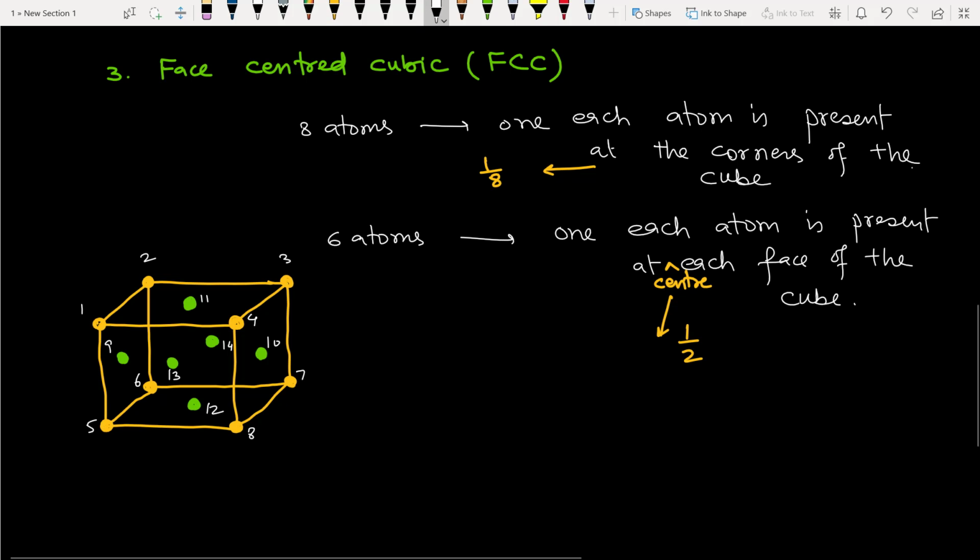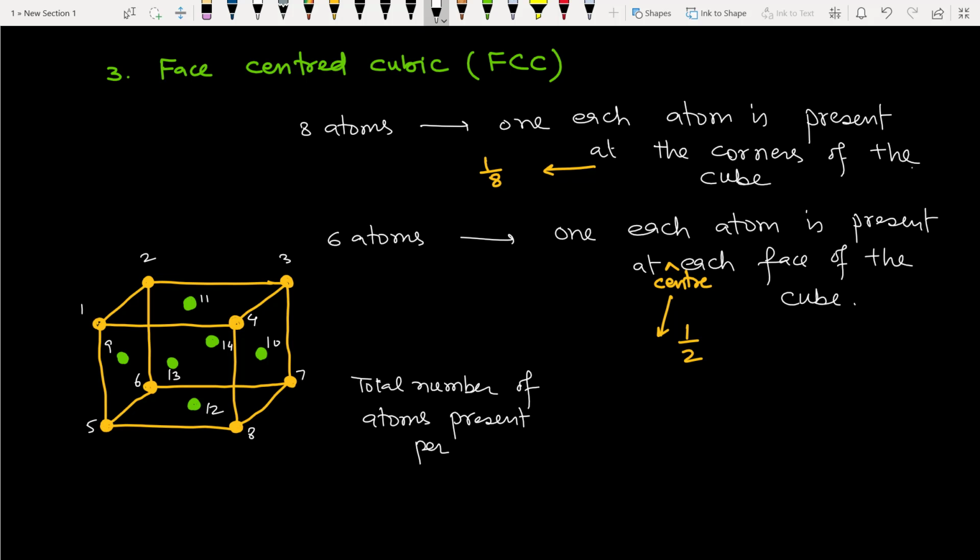So the total number of atoms present per unit cell of FCC structure will be 8 × 1/8 plus 6 face atoms with contribution 1/2, so it will be 4.